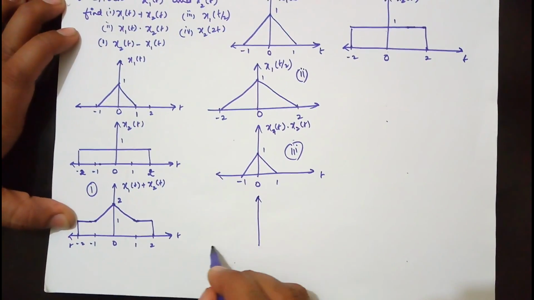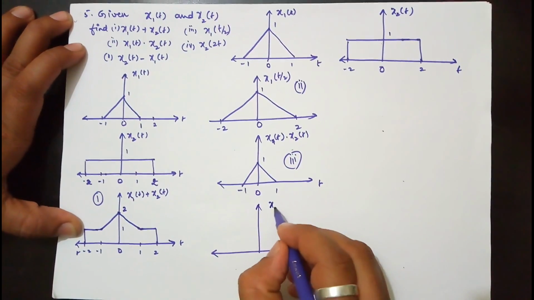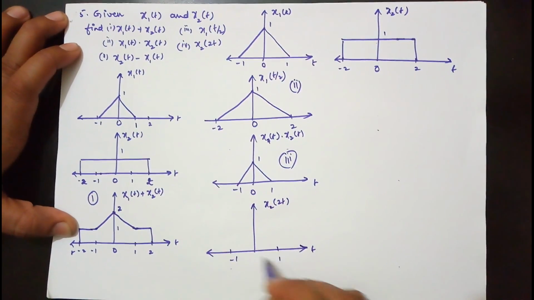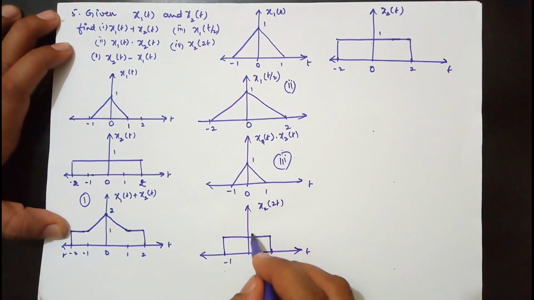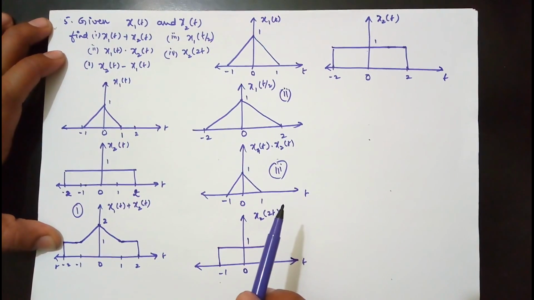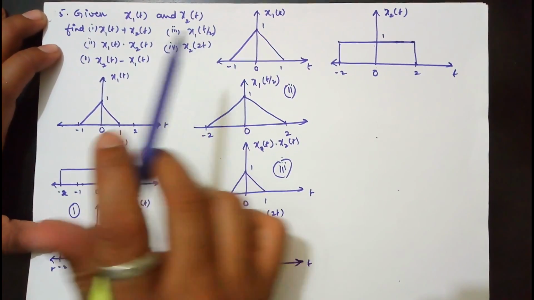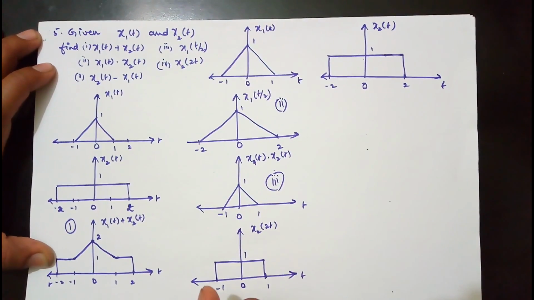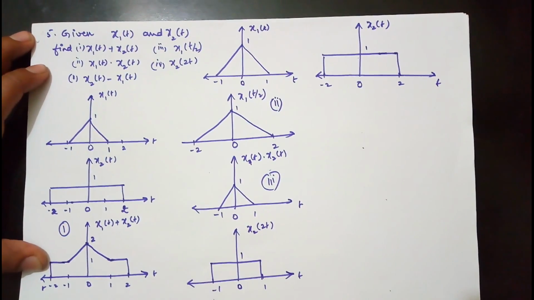The original waveform which is present between -2 to 2 will now be present between -1 to 1 with the same amplitude, that is 1. Here you have to make a note that while doing the expansion or the compression, the amplitude of the waveform will never get changed. Only there will be an expansion or compression in the time scale.